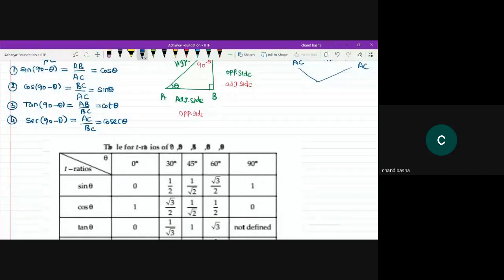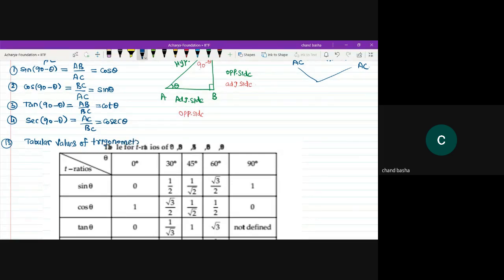Let's have the discussion of the trigonometric tabular values. Next point, point number 13, tabular values of trigonometric ratios, all trigonometric ratios.